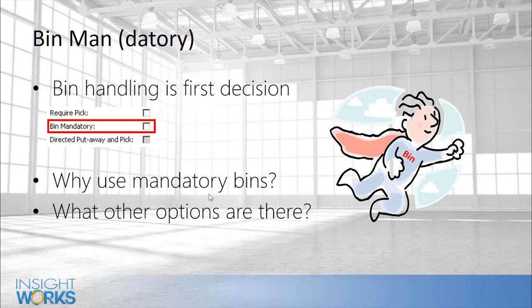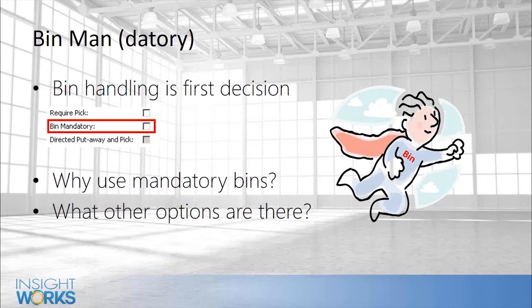So why would we do that? When do we want to use mandatory bins? Generally speaking, if I can have the same product in multiple places in the warehouse, such as an overstock location and a pick location, or some in the production area at a specific work center or point of use consumption area, and also in the parts room or the warehouse, anywhere where I might have that same item in multiple places, that's a good candidate for enabling bins.